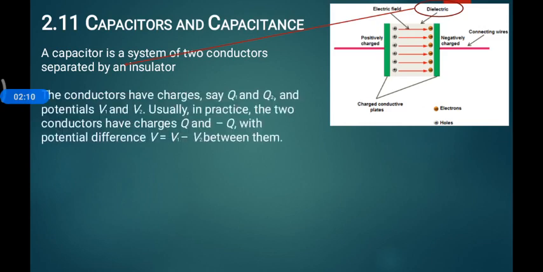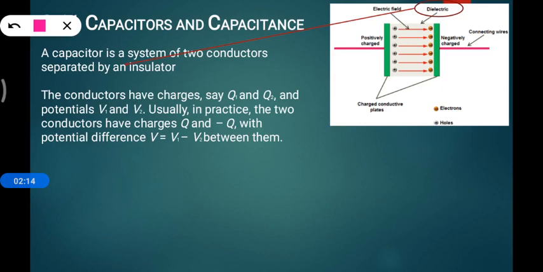Okay, I will. The conductor has a charge. Each plate has charge Q1 and Q2, and the potentials are V1 and V2 on the respective plates.